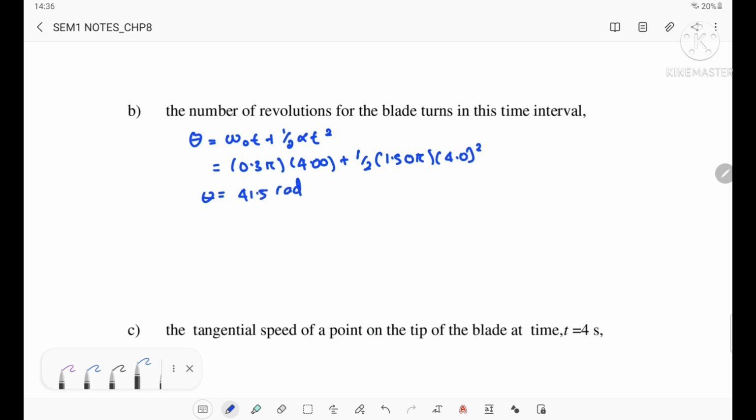Don't forget to convert into a number of revolutions. So theta equals 41.5 radian, convert to revolution. 1 revolution equals 2 pi radian, and then we have 6.61 revolutions.